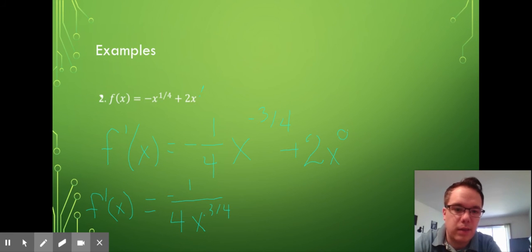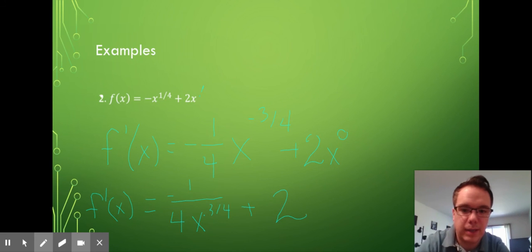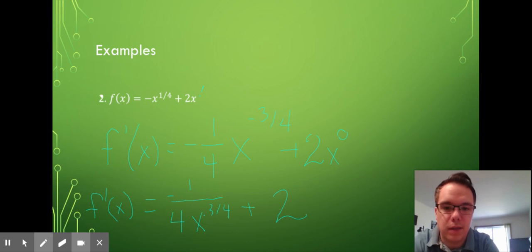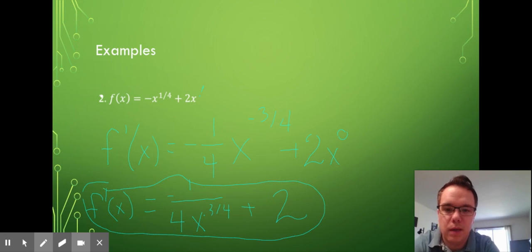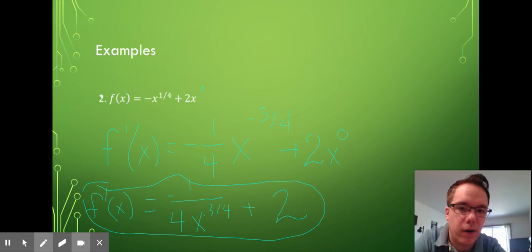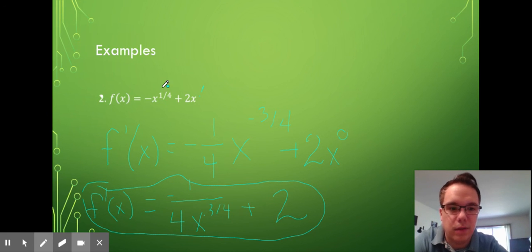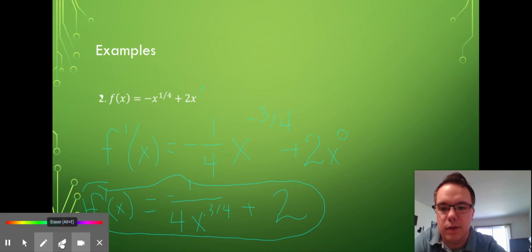And x to the 0 is 1, and 2 times 1 is 2. So our answer there is negative 1 over 4x to the 3/4 plus 2. Same thing, we just brought the power down, subtracted 1 from the power. We didn't have a constant here, so we didn't have a derivative of 0.